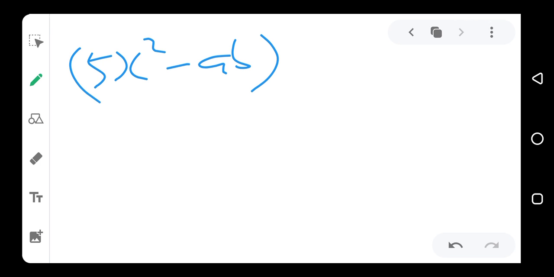Example 2, we can have 4x raised to power 2 minus ab minus bracket 2x raised to power 2 plus 1.